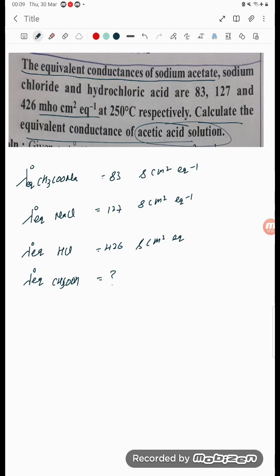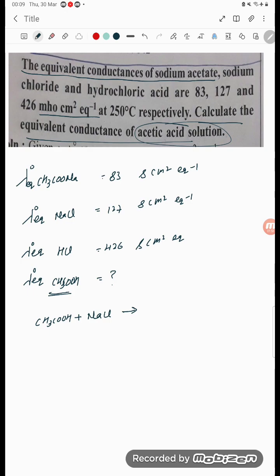So if you are using Kohlrausch's law, you can solve this one, because acetic acid, CH3COOH, is needed. You can treat it with any of these, so that you can get some product. I am treating it with NaCl, so checking what product you are going to get.